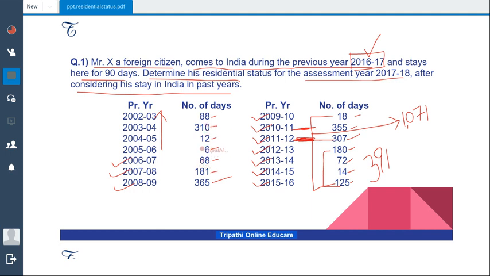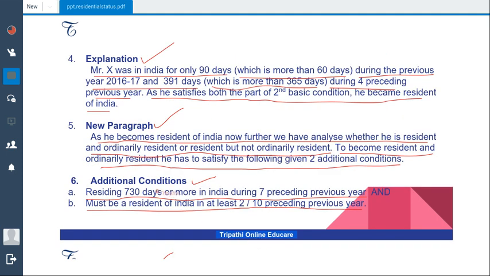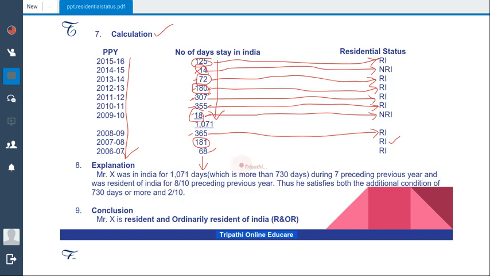So you can take the total of the 4 preceding previous years. It is definitely more than 365 days. Thus, we can say that in this year, he is resident of India.